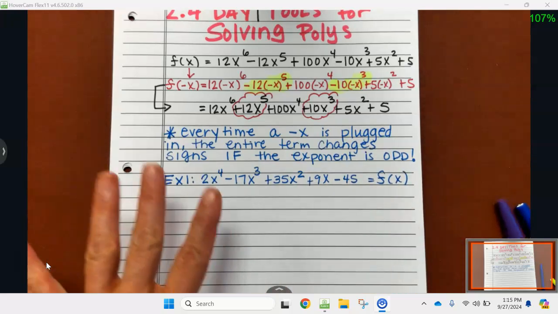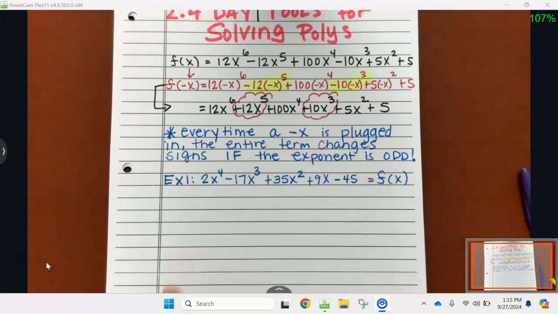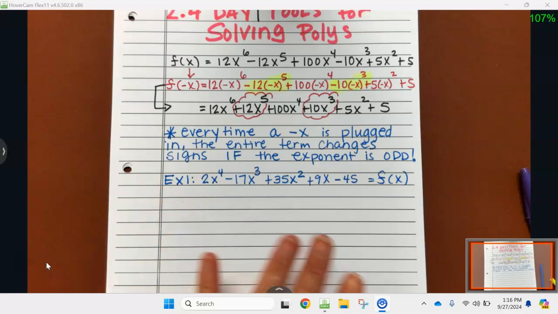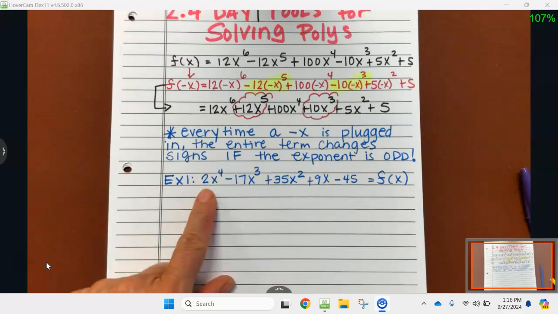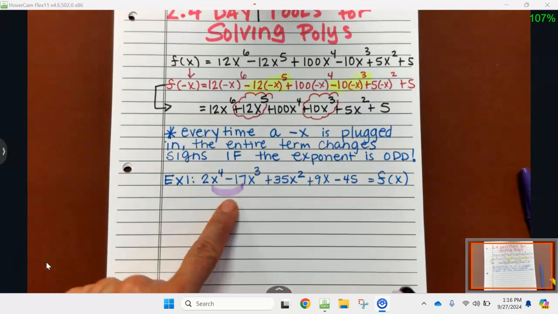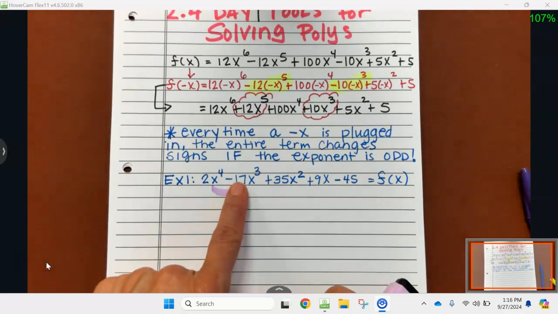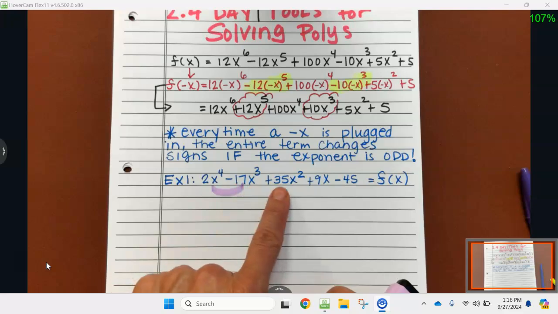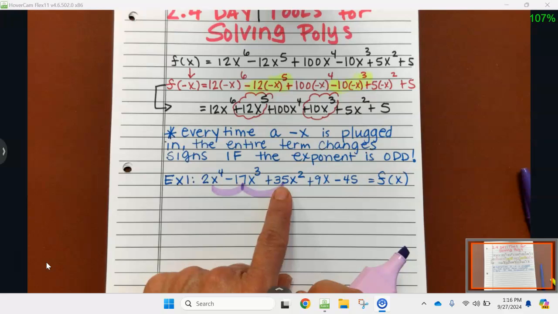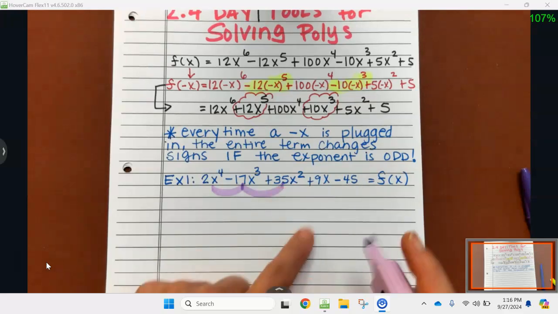And what we want to do right now is look at how many of the signs change from positive to negative. So this term is positive. Look, it flipped. This is a switch in signs. So it's negative here. It's positive here, so it flipped again. This is positive. It stayed positive, but look, there's a flip.